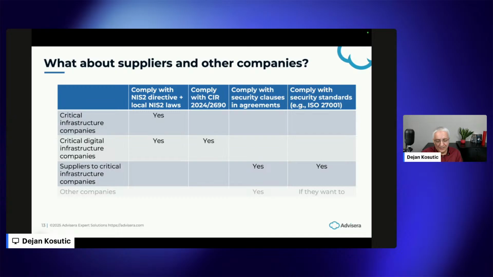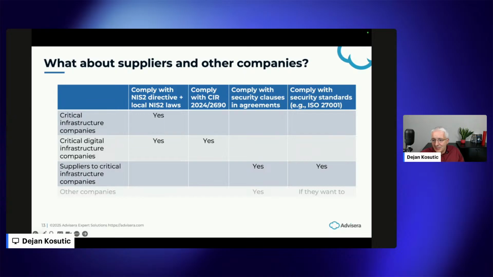ENISA is the European cybersecurity agency, and they have their own cybersecurity standards, and they are developing a cybersecurity certification scheme. So you could go with any of these standards. So 27001 or something else, this is what the suppliers need to comply with.